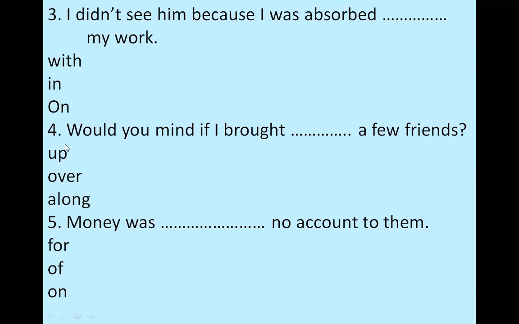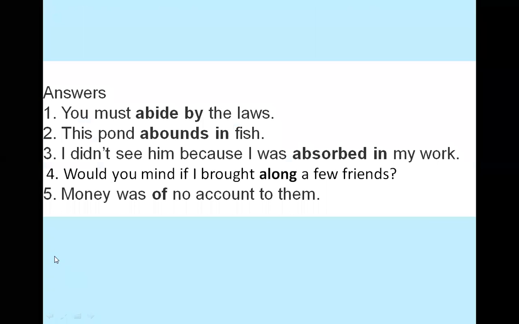Again, a verb having very particular prepositions means if you use brought up, it will convey a different message. That is, brought up means taken care of by parents, and then over and along. Now, money was dash no account to them. For, of, and on.